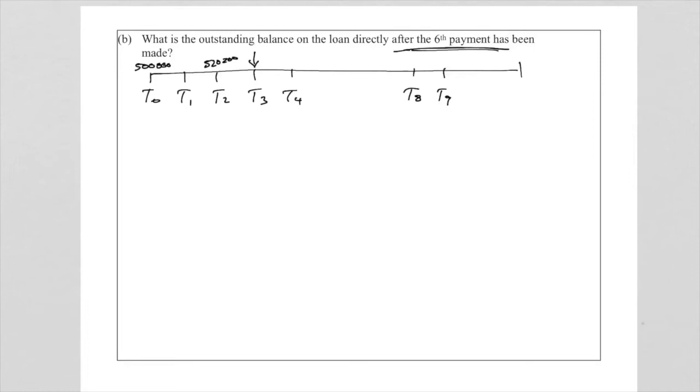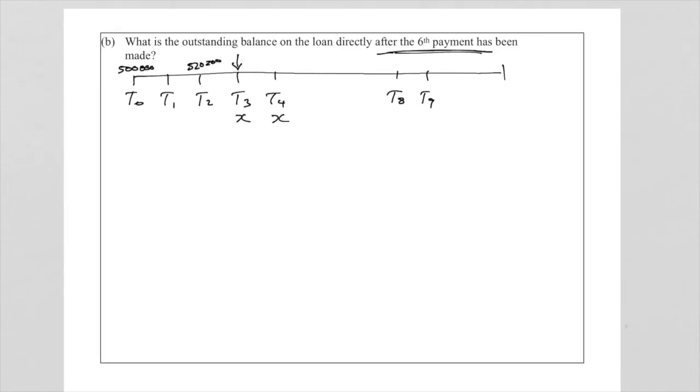So at T3, we've made a payment, let's call it X, and we continue to do so right up to T8. We're going to pay the X amount. And remember that X we calculated in the first part of the question. So that was the quarterly payment.